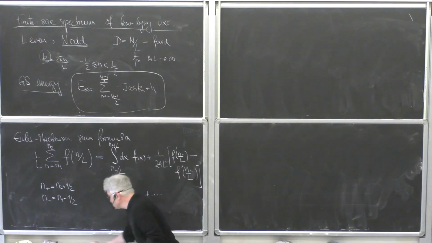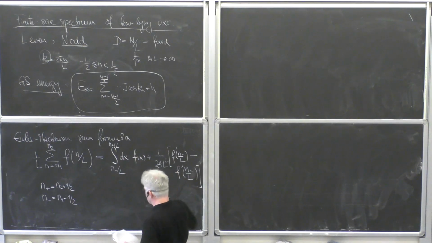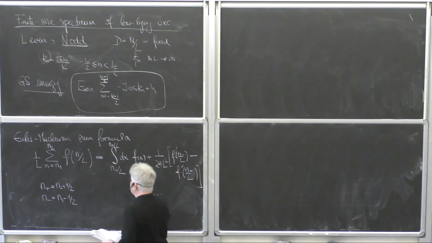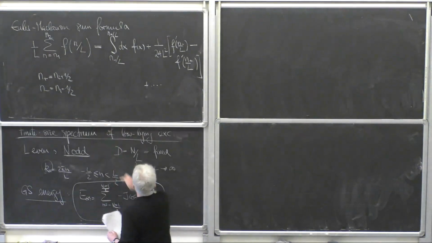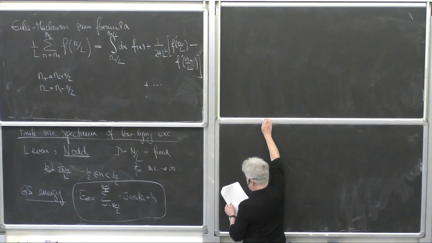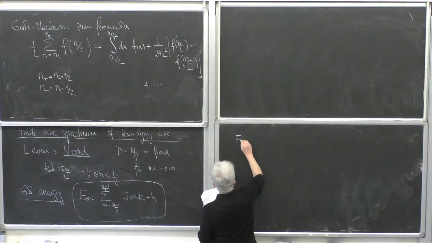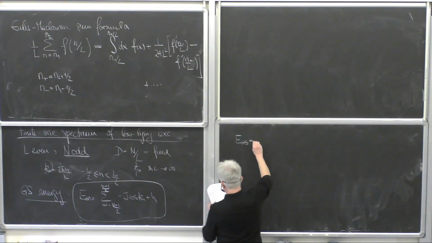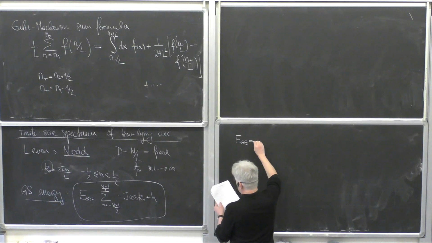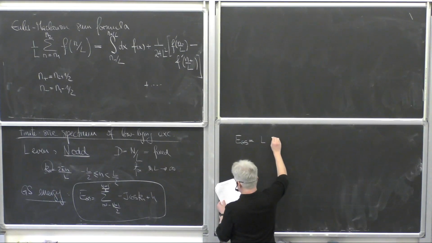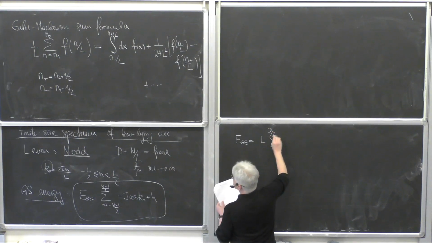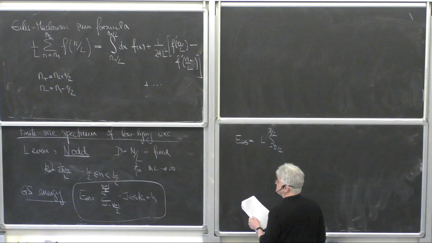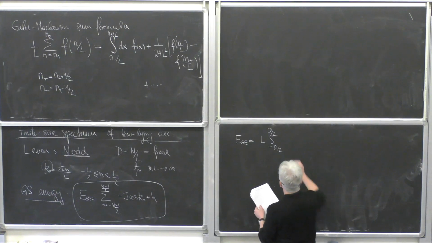So those of you who know conformal field theory will now be very happy in 1 second, because if we apply this, what do we get? So we get the ground state energy becomes L times the integral from minus d over 2 to d over 2 dx.